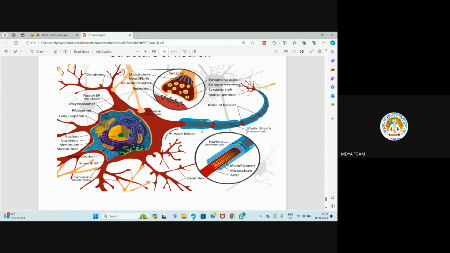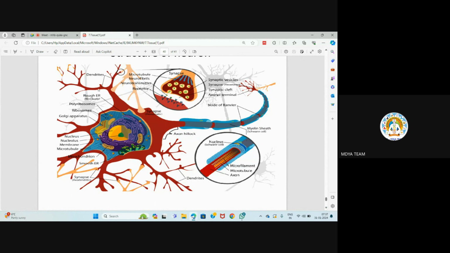Now, why this myelin sheath? What is the function of myelin sheath? This is also a very, very important question. Myelin sheath is made up of Schwann cells. Here you can see it is written Schwann cells. And why are they important? Because they increase the conductivity of the neuron.